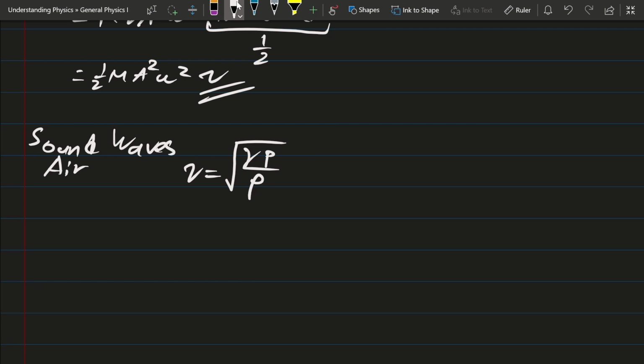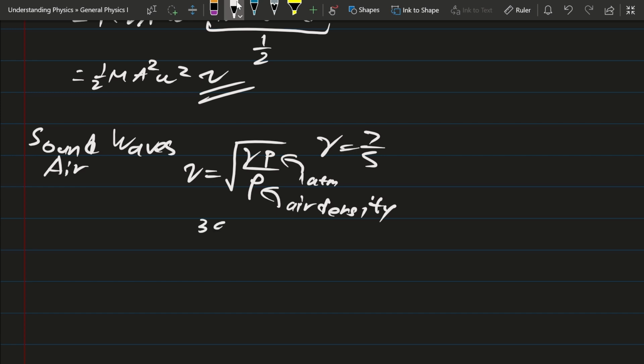For air, gamma is 7 over 5, but other types of materials or gases have different gammas. This relates to the velocity of sound in air. If you put the pressure to be 1 atmosphere and rho to be air density, you would obtain the velocity of sound in air, which should be about 343 meters per second.